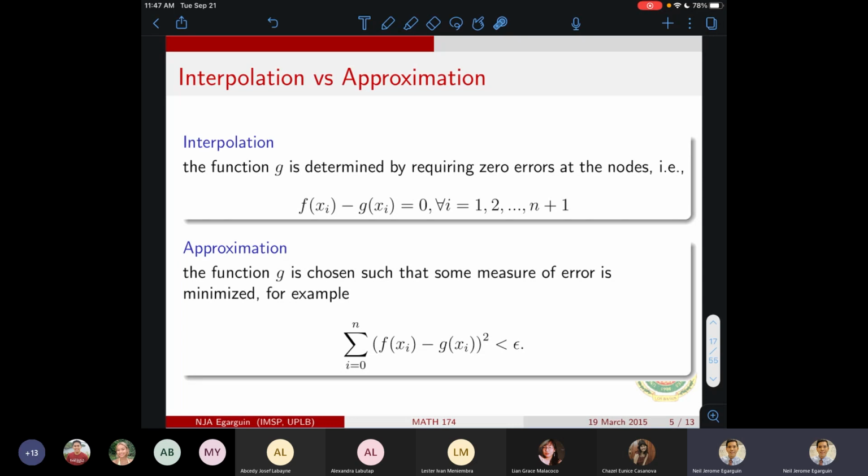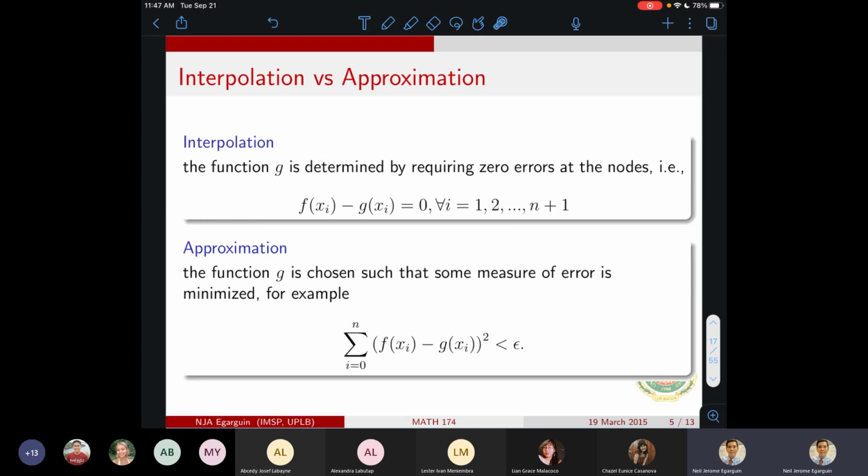Sa approximation, gusto mo lamang humanap ng function g na kinokopya yung ginagawa ni function f, pero meron lang maliit na error. And the measure of error is subjective or can be selected ad hoc, depende sa kung ano yung gusto mo.